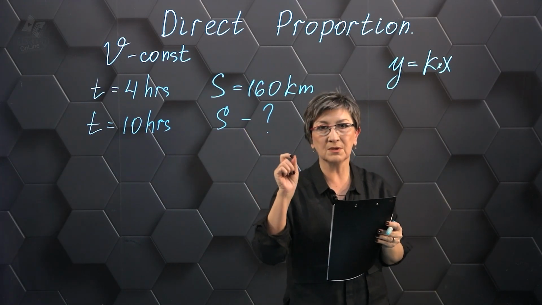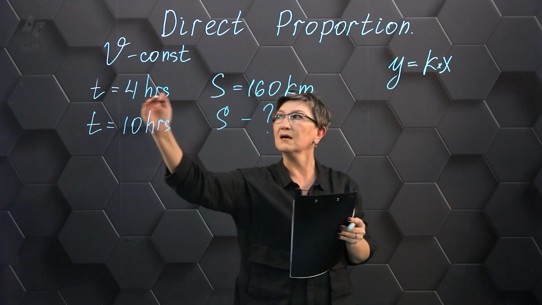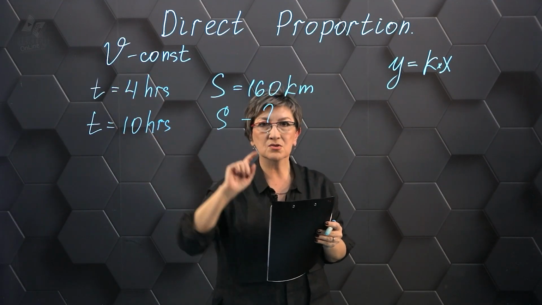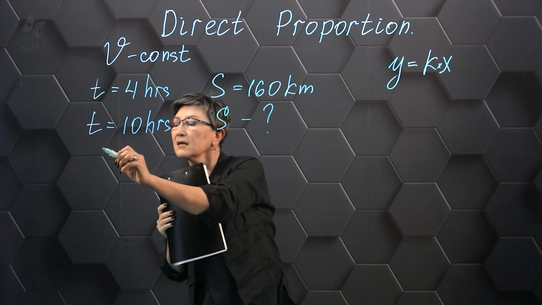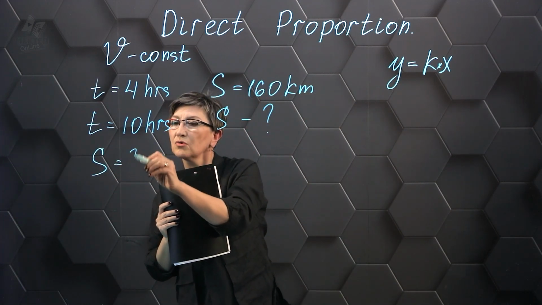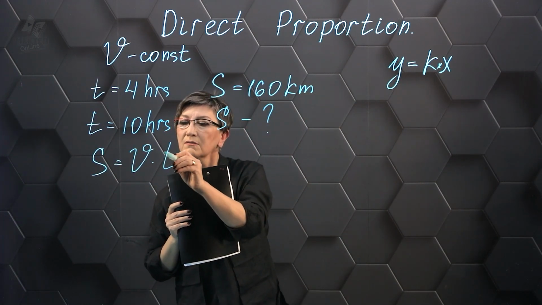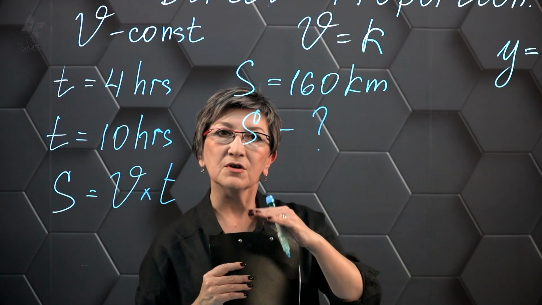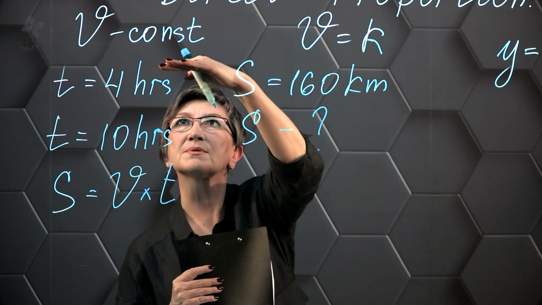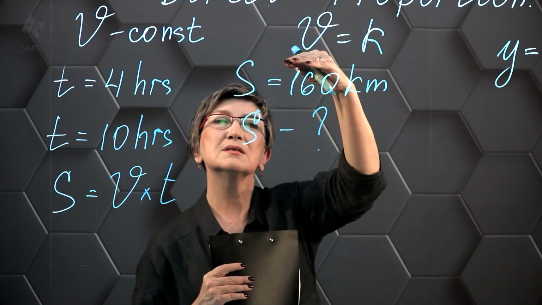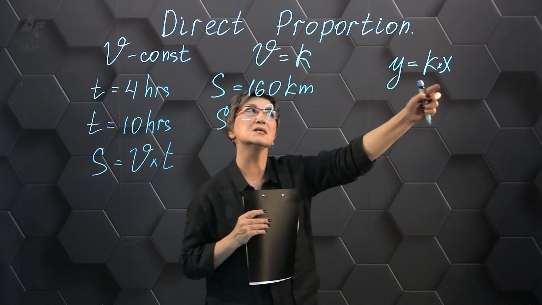In our case, we are looking at distance, time, and speed. And you know, in order to find the distance, I have to multiply the speed by the time. I would like to point out that our speed is a constant. Therefore, our speed is the coefficient of proportionality.